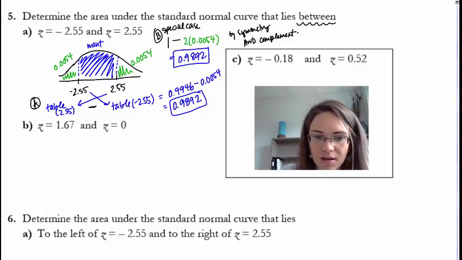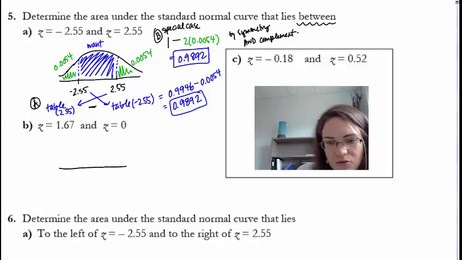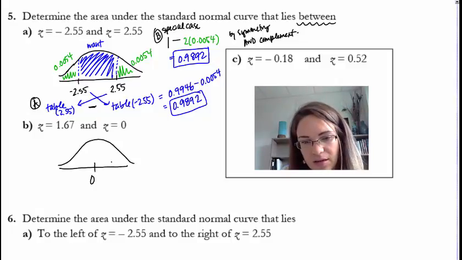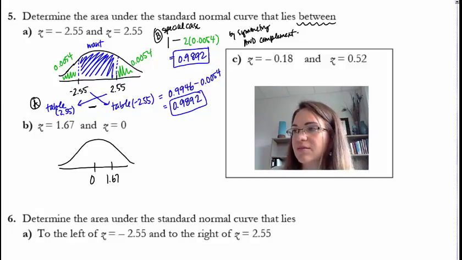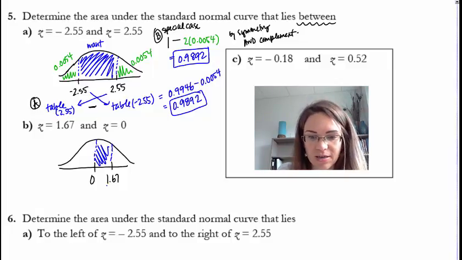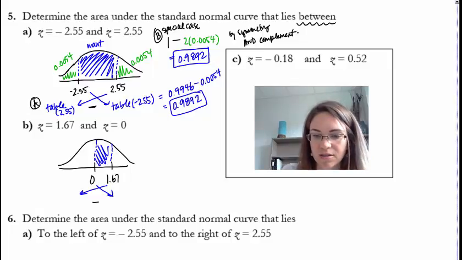So this next case, 1.67 and 0. We want to be between 0, which is right in the middle, and a positive 1.67. We can use the general approach A, table value of 1.67 minus table value of 0.